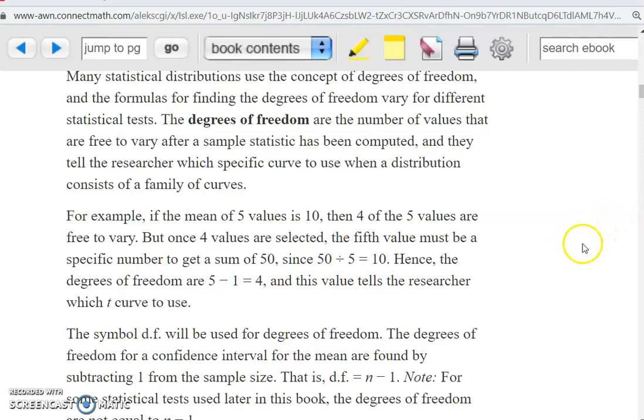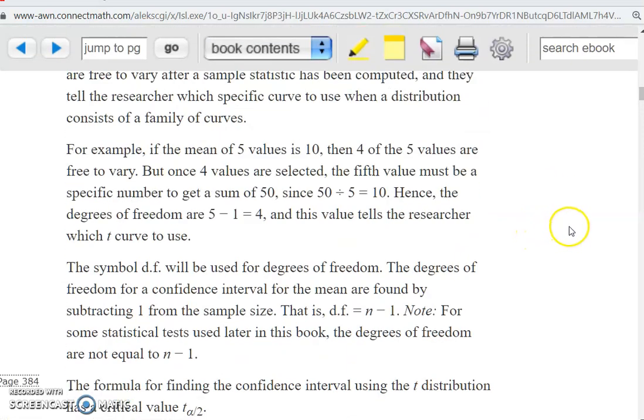So 50 divided by 5 is 10. The first 4 that you choose will dictate what the last guy is that you choose. So what we say is that the degrees of freedom is 5 take away 1 equals 4. It's one less than the total number that you're picking from.